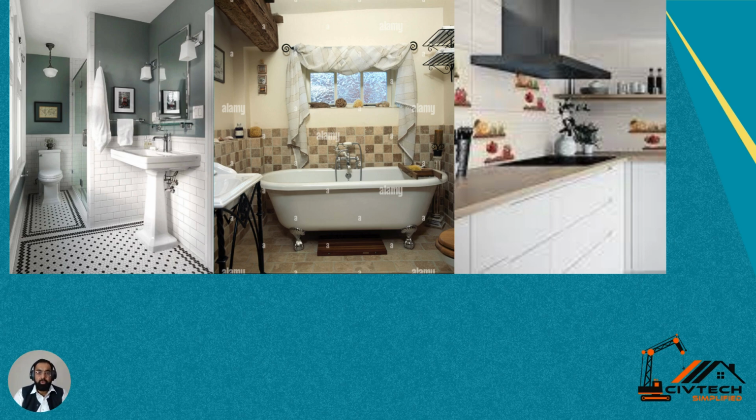As you can see here in the pictures on our left side, these tiles have been placed after the skirting level. They have been placed up till 2.5 or 3 feet height, whatever is needed. And on the right side, there is a picture of the kitchen where you can see these tiles.